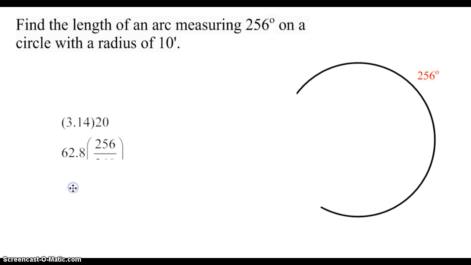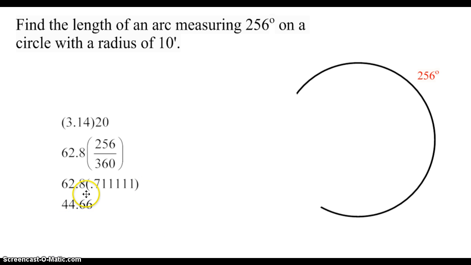That answer, 62.8, we would multiply times 256 over 360, which as a decimal is 0.71111. What I'd really prefer you to do is put the entire equation in together. Put 3.14 times 20 times parenthesis 256 divided by 360. This way you don't have to round and then you're not getting exact.